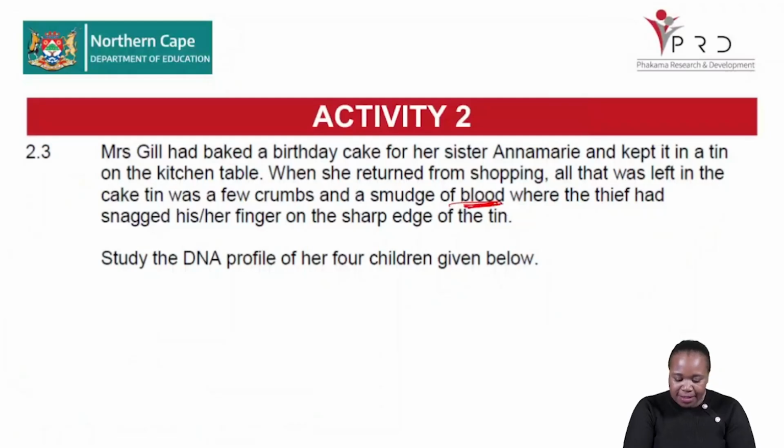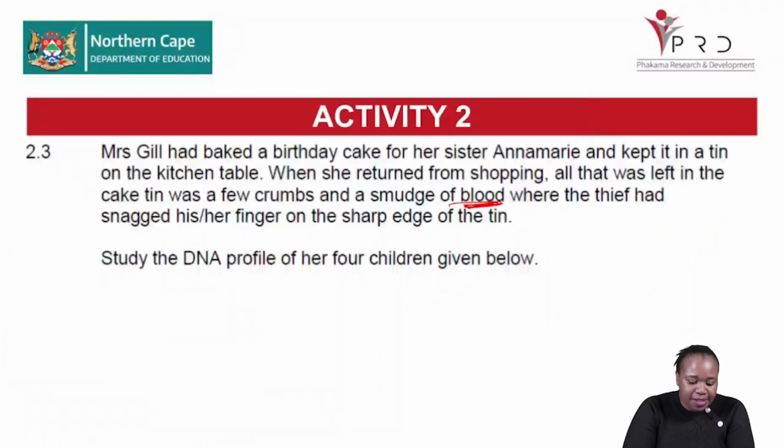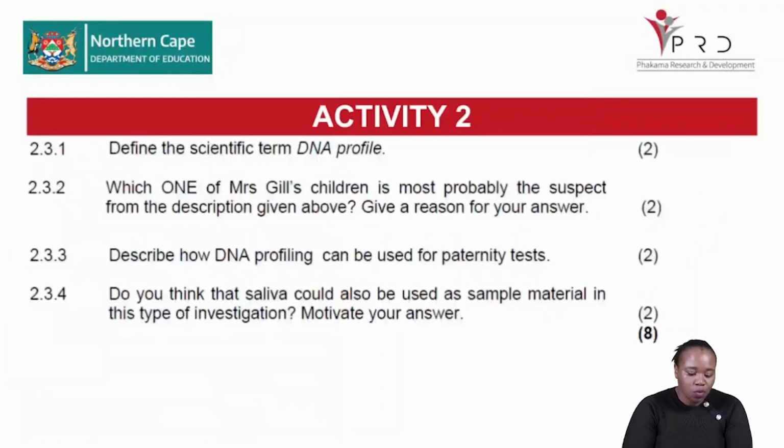Now that is our evidence, where the thief had snagged his or her finger on the sharp edge of the tin. Study the DNA profile of her 4 children given below. So we have the blood stain from the tin with Bob, Sue, John, and Lisa. Those are Mrs. Jill's children. So we want to find out which of the children have stolen the cake.